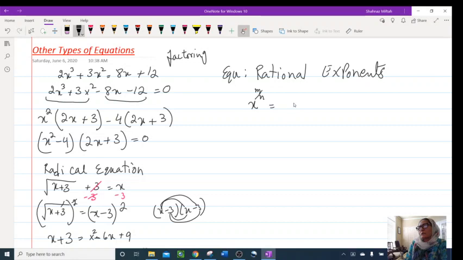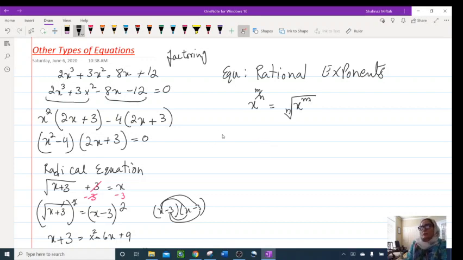How do I rewrite this in radical form? You're going to make a radical. Do you see this n? It's in the denominator. So when it's in the denominator, you move it to the outside, as the root. If that's a numerator, it's going to go on top of that. That's all you need to know, okay?